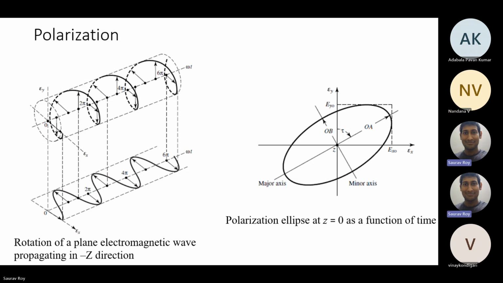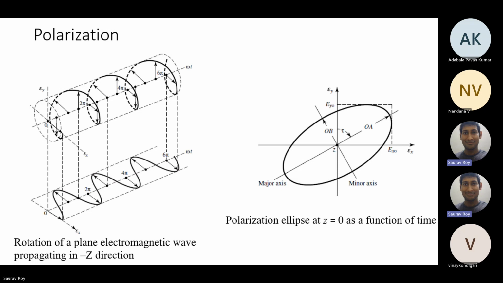So the left hand side shows three axes: EY, EX, and the third axis omega t. This omega t is the propagation of the wave, which is also the same as the z direction. Instead of looking at all the z direction, you look at some particular point in z and see how the sum of the electric field vector traces over time.